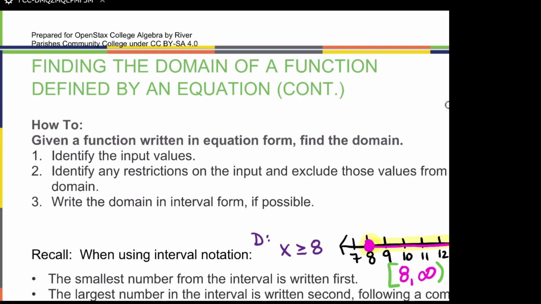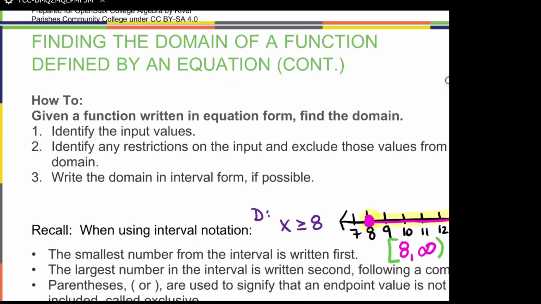There are some equations or functions where some numbers get excluded from the domain, such as square roots. Numbers under the square root sign cannot be negative. You can't take the square root of a negative number or it will be an imaginary number.